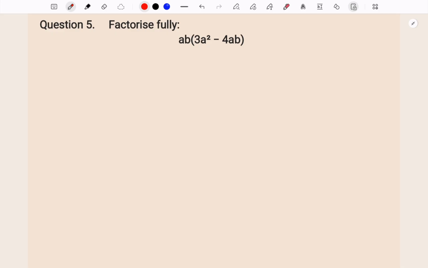Okay, so let me first find the HCF of 3a^2 and 4ab. Here the common variable is a, and we need to take the smallest power. So the smallest power is 1. So the HCF would be a.